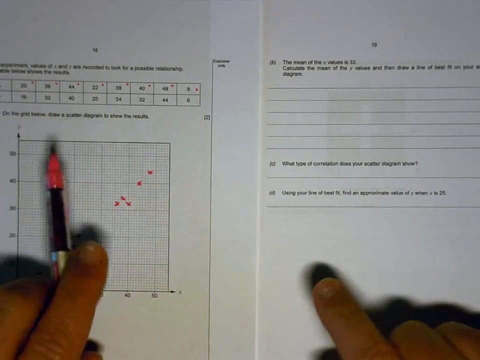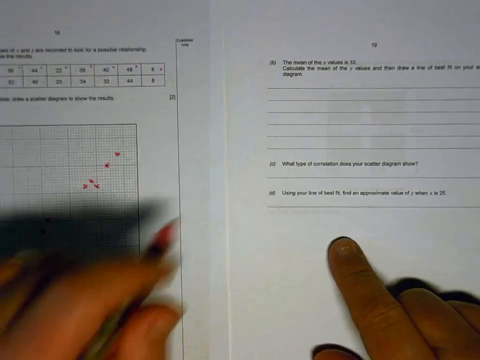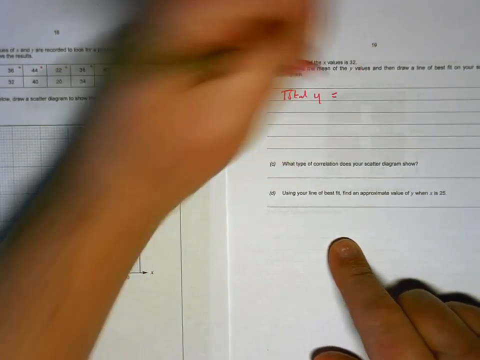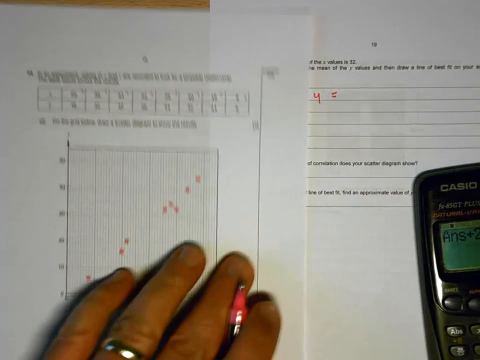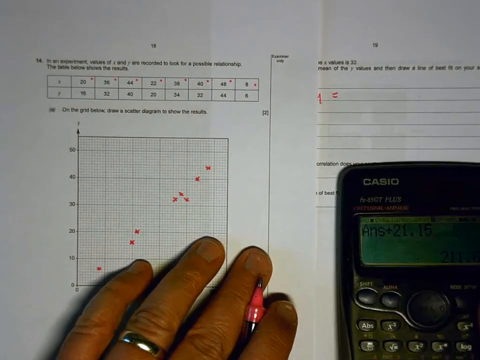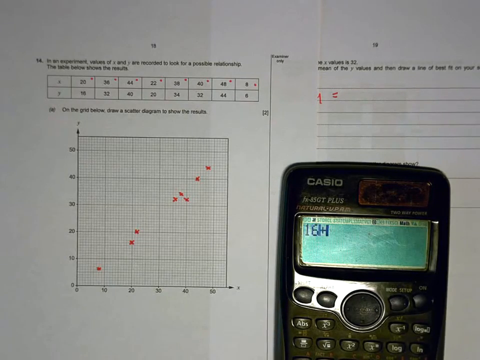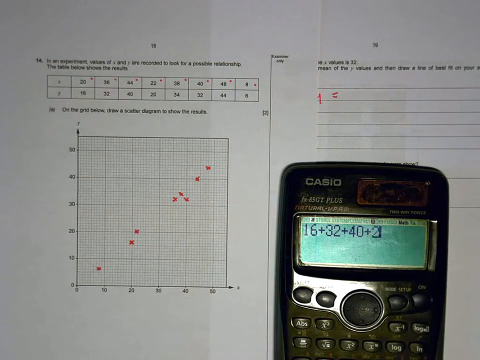So they've done the x values for you. The y values, we need to add those up. So total y: 16 plus 32 plus 40 plus 20 plus 34 plus 32 plus 44 plus 6 is 224.